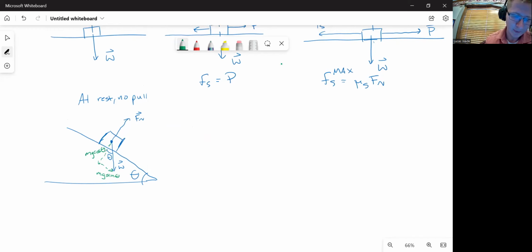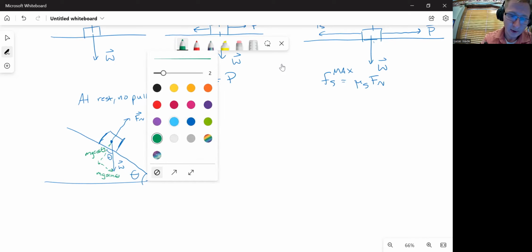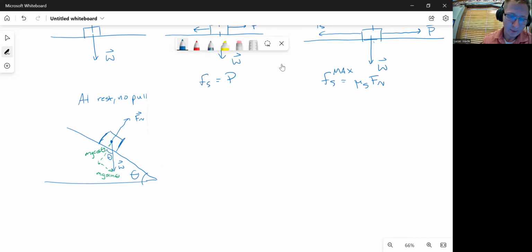So it's that component mg cosine theta that balances the normal force in this case so that the block does not move perpendicular to the ramp, so away from or toward the ramp. As far as parallel to the ramp, that component of the block's weight is wanting to pull it down, mg sine theta.